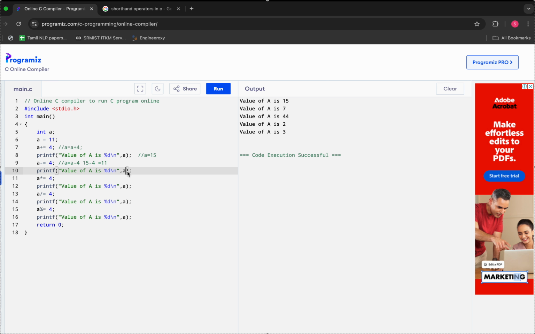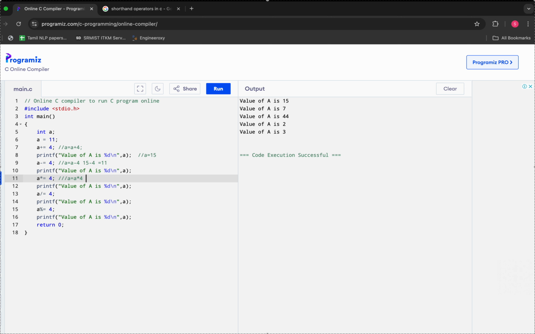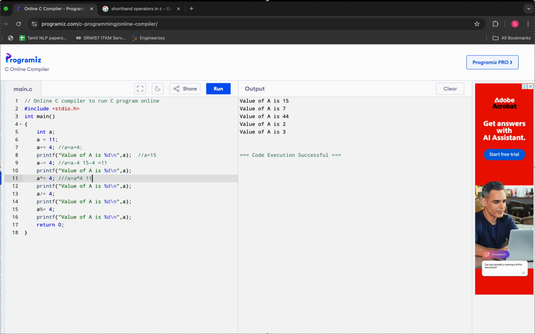Here the answer is 11. And then again according to this line, a equal a star 4. So 11 multiplied with 4, you will get 44. A value 44 will be printed.